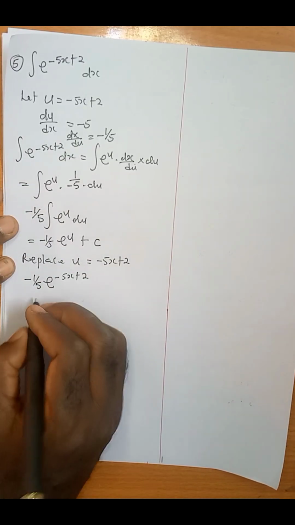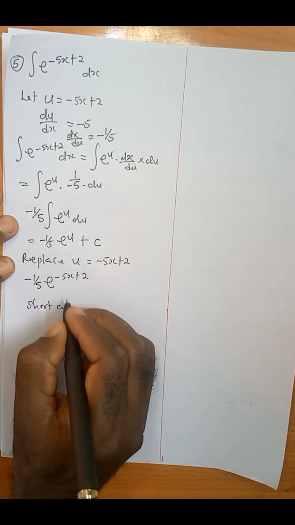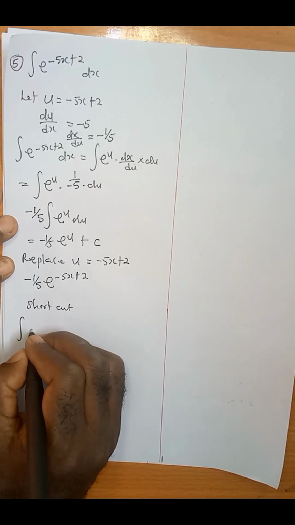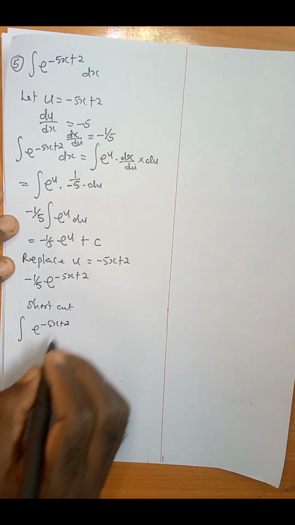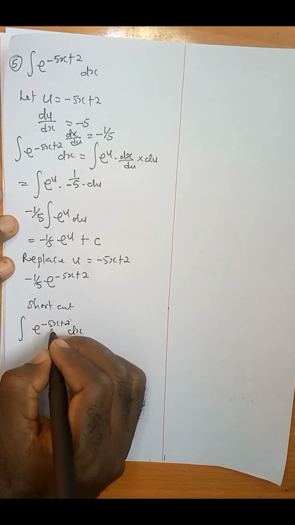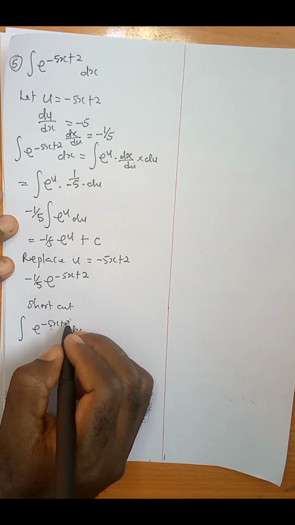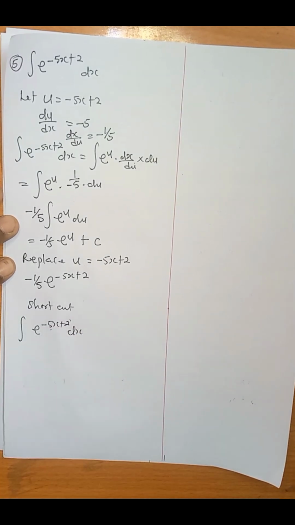Now, there is also a shortcut for this. Now, what is the shortcut? The shortcut is that we have to integrate exponential minus 5x plus 2. Now, what you do is that you differentiate minus 5x plus 2. When you differentiate minus 5x plus 2, it will give us minus 5.